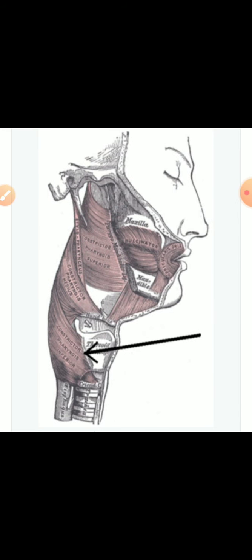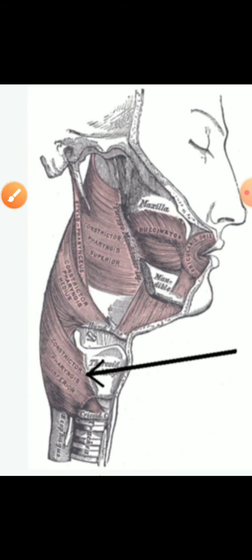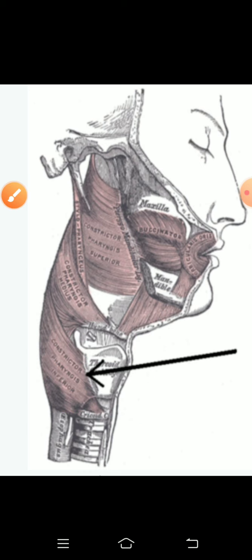As you can see here, this is the thyropharyngeus muscle. It is the muscular part of the inferior constrictor muscle, and this lower part is the cricopharyngeus. First I'll tell you about the thyropharyngeus.